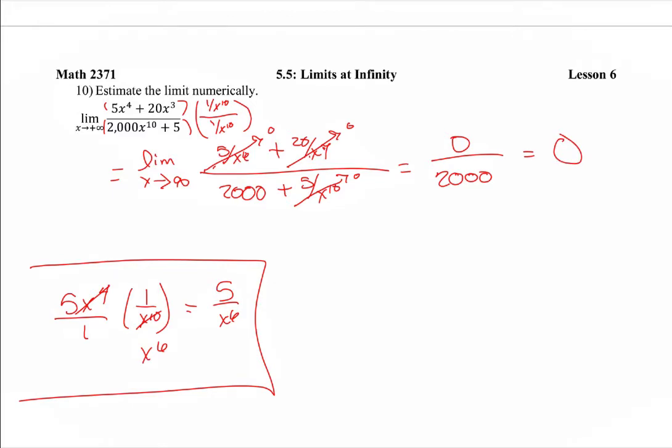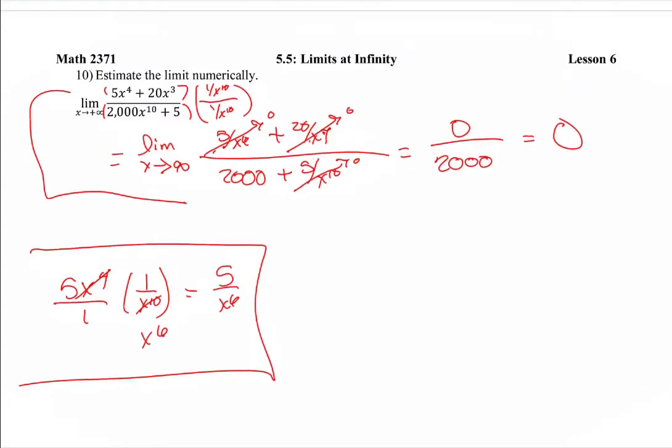So this whole limit equals 0, which we said before: the higher the power, the faster it goes to 0, so this limit is 0 because the highest exponent is in the denominator. But here I've shown you the algebra of how to get that.